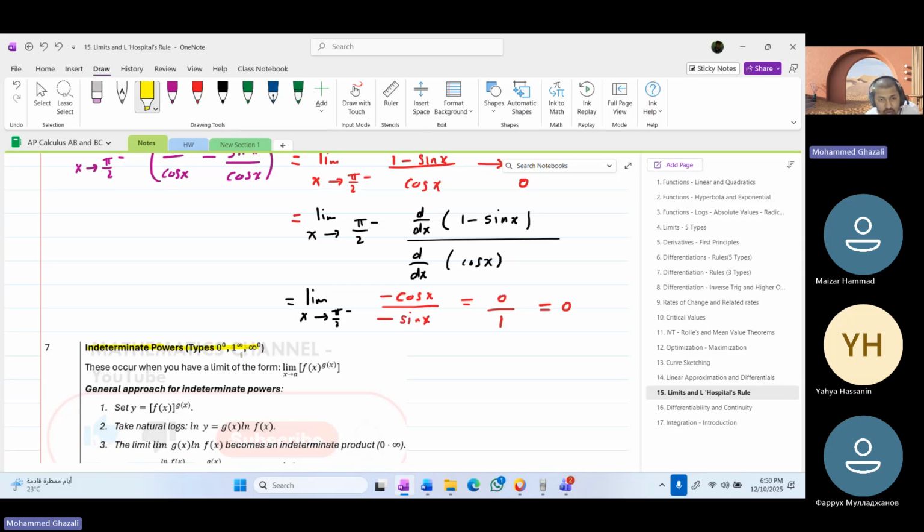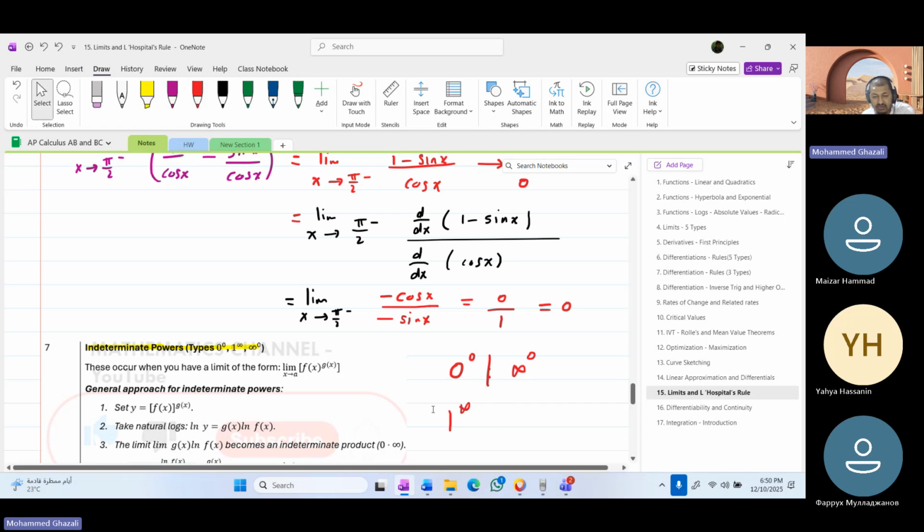0 to the power 0, 1 to the power infinity, and infinity to the power 0. Remember, 0 to the power 0 is an indeterminate form, and so is infinity to the power 0. You can't say 0 to the power 0 is 1, you can't say infinity to the power 0 is 1, and you can't say 1 to the power infinity is 1 either.